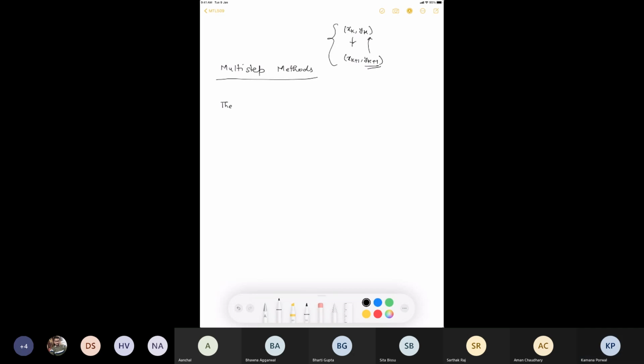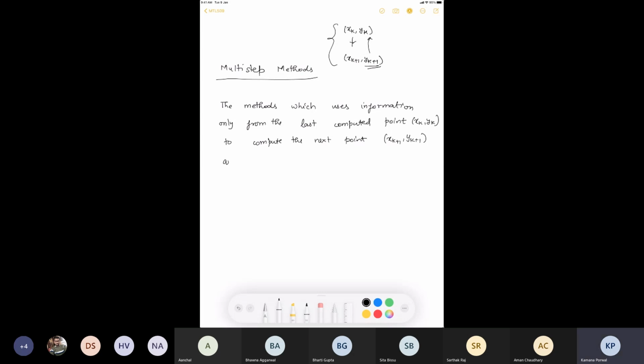So the methods which use information only from the previous step, means the last computed point xk, yk, to compute the next point, which is xk plus 1, yk plus 1. These are called single step methods.